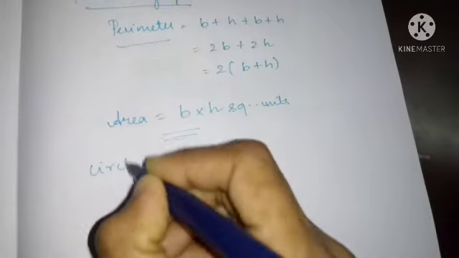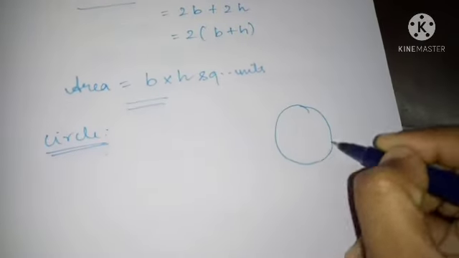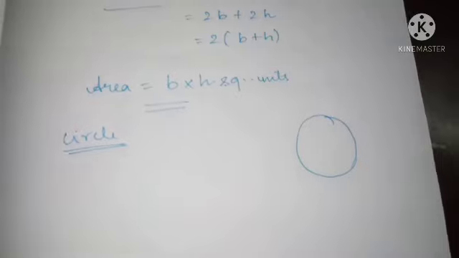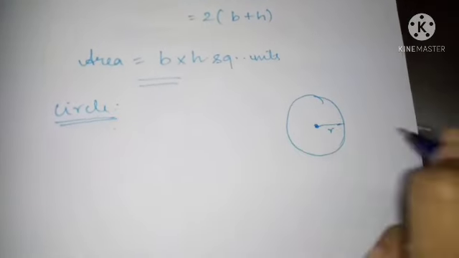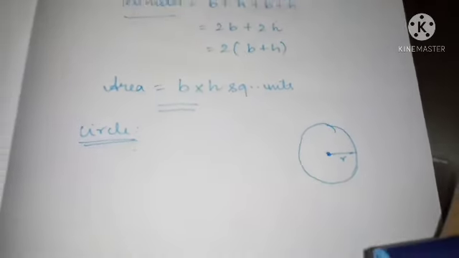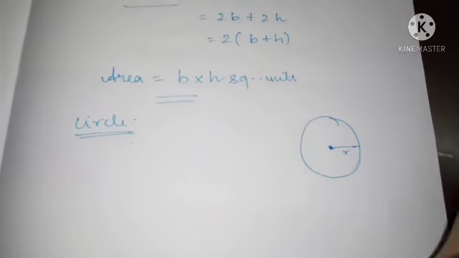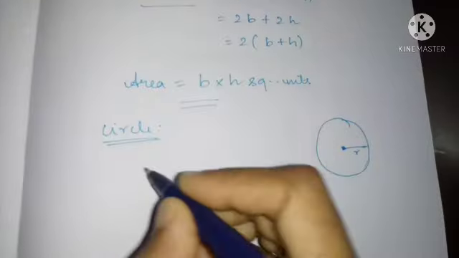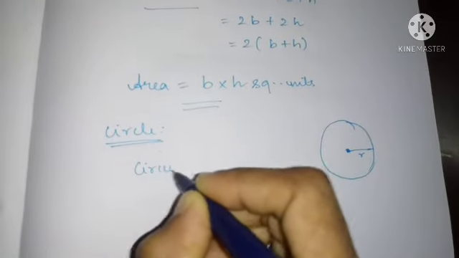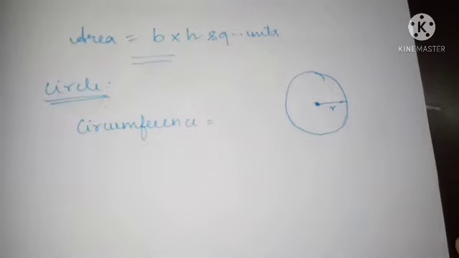Next comes your circle. For a circle, we don't use the word perimeter. What are the things you have? You have a radius. Using the point and the radius, you will draw a circle. Only if you have the point and radius can you draw the circle. Instead of perimeter, we will use the word circumference.